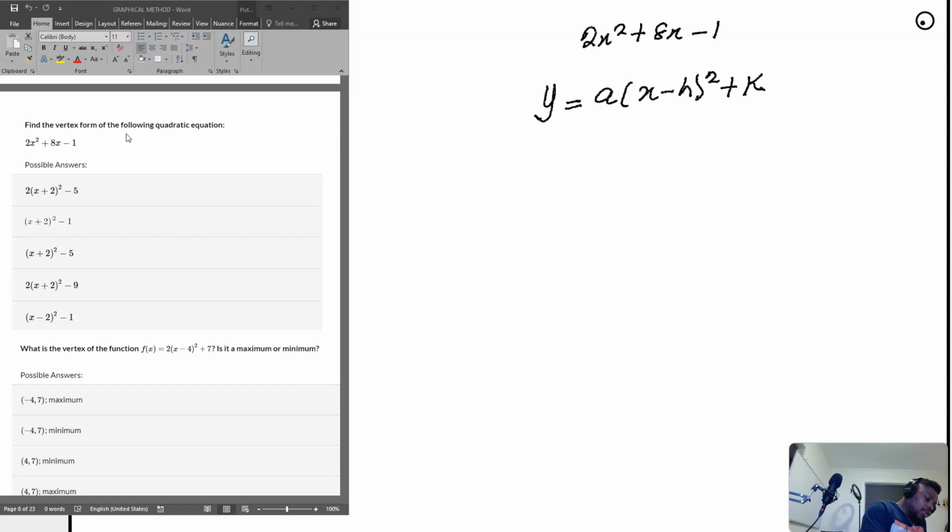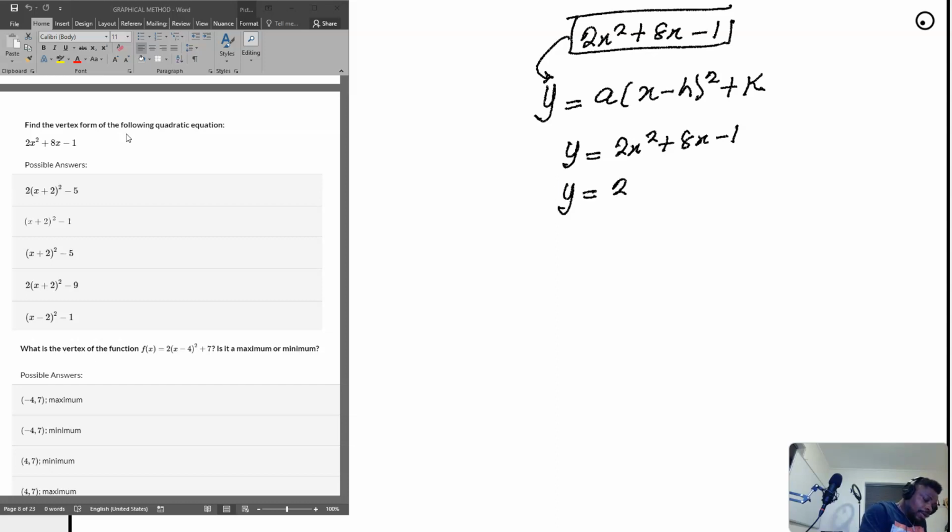Okay, so we want to put this one in this form. So let's say y is equal to 2x squared plus 8x minus 1. So this is 2 bracket x squared plus 4x minus 1 over 2. You already know how to do this.